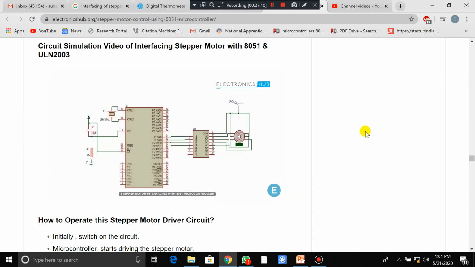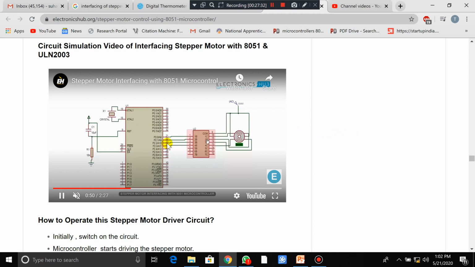They are using a capacitor with a resistive load of 10 kilo. That is a motor. You dump the program and execute, and the motor starts rotating. The motor is driven by this motor driver IC. This is how it is going to work.